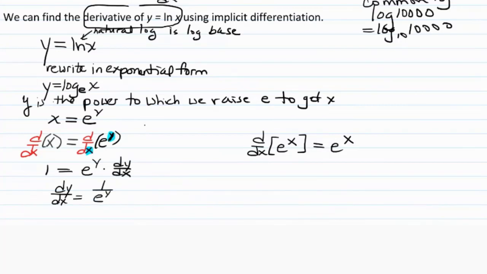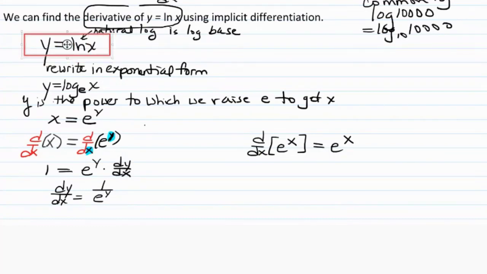But we don't normally like to have our derivatives written in terms of y if we don't have to. We'd prefer to have them written in terms of x. Does anyone have any suggestions as to how I could go about rewriting this as an equivalent expression that has x's in it instead of y? No, we've already differentiated. We're not going to differentiate again. Okay, what about ln? Remember, y at the beginning was equal to the natural log of x.